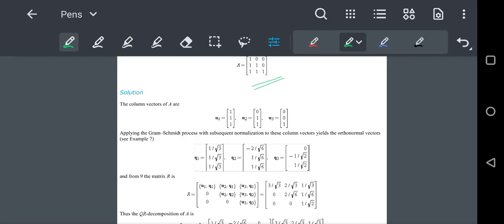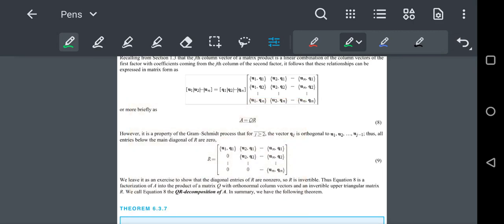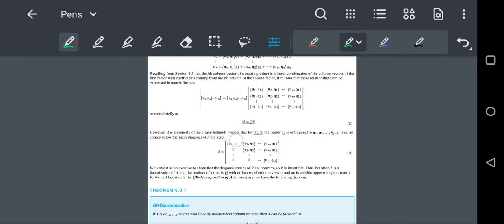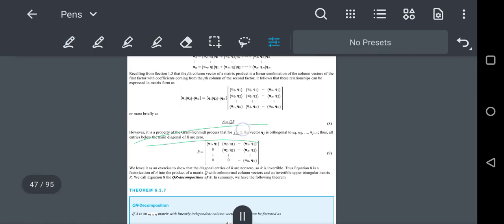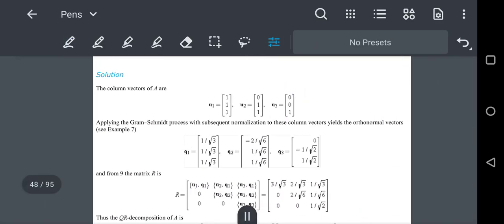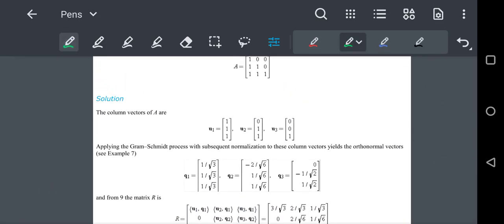So take the individual columns as u1, u2 and u3. This first column is our u1 column, this is our u2 column, and similarly the last is our u3 column. So take it like this.